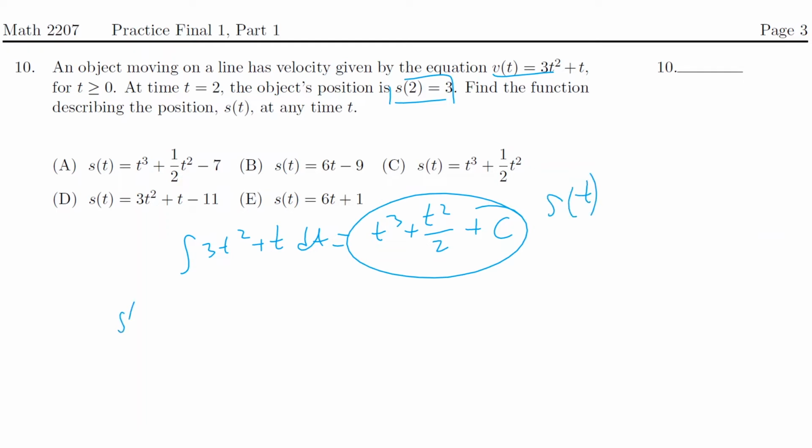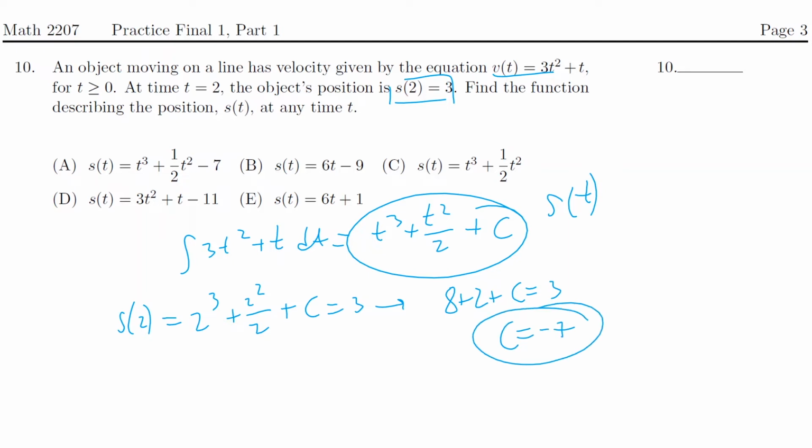So s of 2 equals 2 cubed plus 2 squared over 2 plus c equals 3. Therefore, 8 plus 2 plus c equals 3. So c is equal to -7. And therefore, the answer is t cubed plus t squared over 2 minus 7. And it's A.